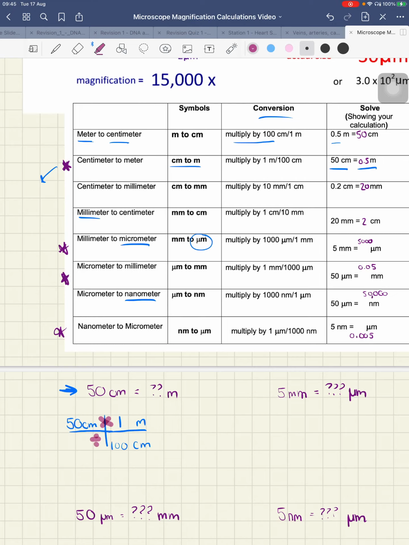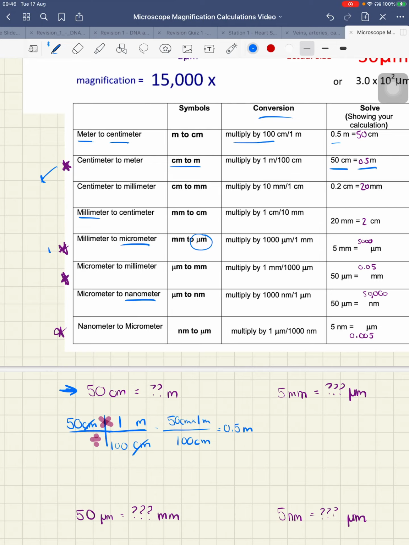So written out, this is 50 centimeters times 1 meter divided by 100 centimeters. The units cancel out, so we're just left with meters. 50 divided by 100 is 0.5 meters. So that's how you would do that conversion.